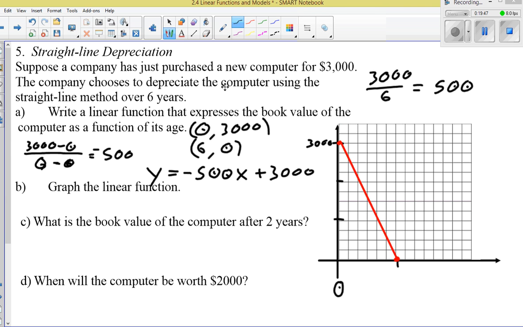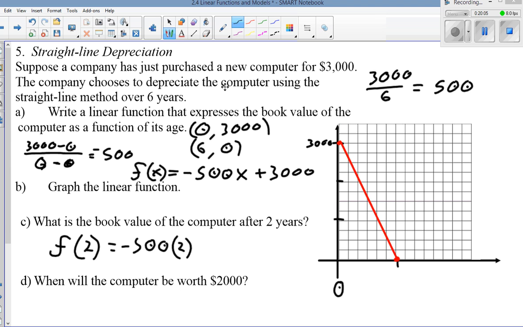What is the book value of the computer after 2 years? If I rewrite this in functional notation, f of x, f at 2 is equal to negative 500 times 2 plus 3,000.